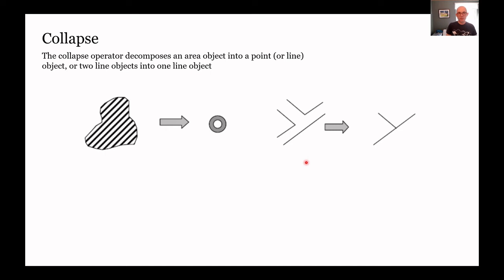We can also try something called a collapse. This doesn't remove things, but it removes some of the detail. So if we take the right-hand example, we essentially have the detail that we've lost when we go from this broad, let's say this is a road, and we represent the road with a thicker line symbol, where we have the white line in the middle and two bounding black lines.